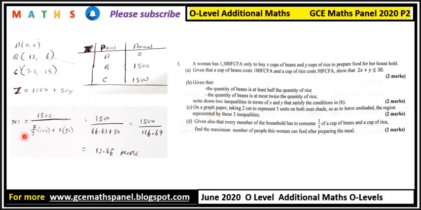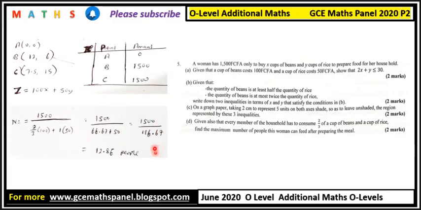That is 2/3 of 100, right? And the cost of a cup of rice is 50. So the total cost for one person is 66.67 plus 50, so each person can spend 116.67 francs.